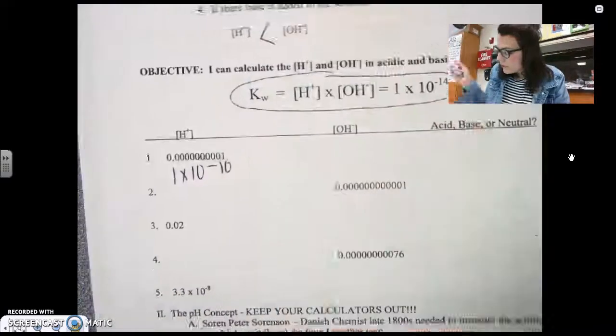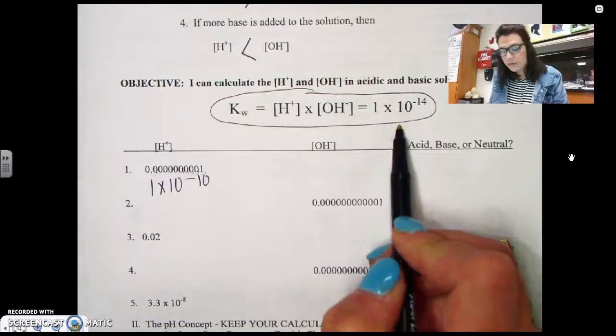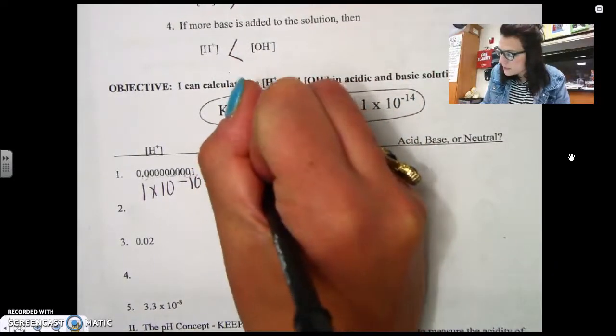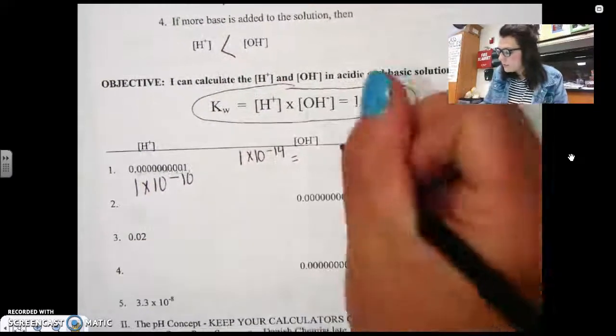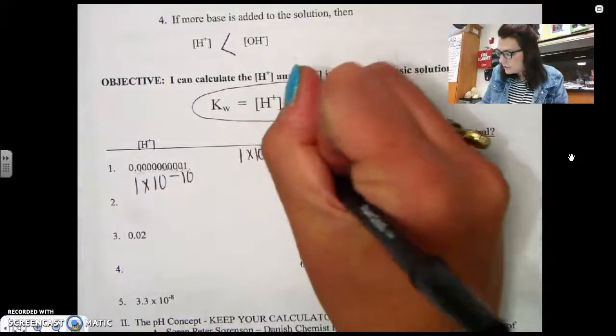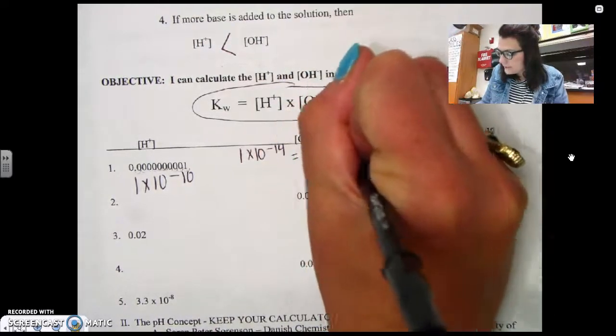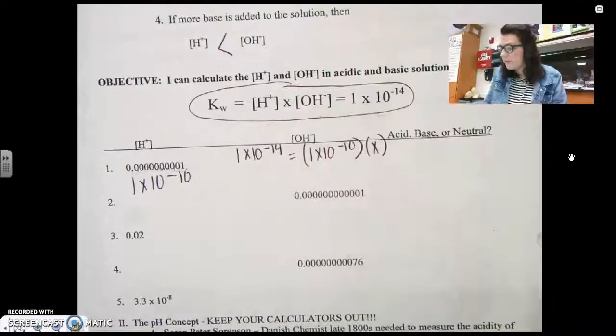Okay, so if I have Kw, which is equal to 1 times 10 to the negative 14th, so if I have 1 times 10 to the negative 14th is equal to H+, which I have right here, which is 1 times 10 to the negative 10th, and I'm trying to figure out what OH is, that's going to be my variable x.